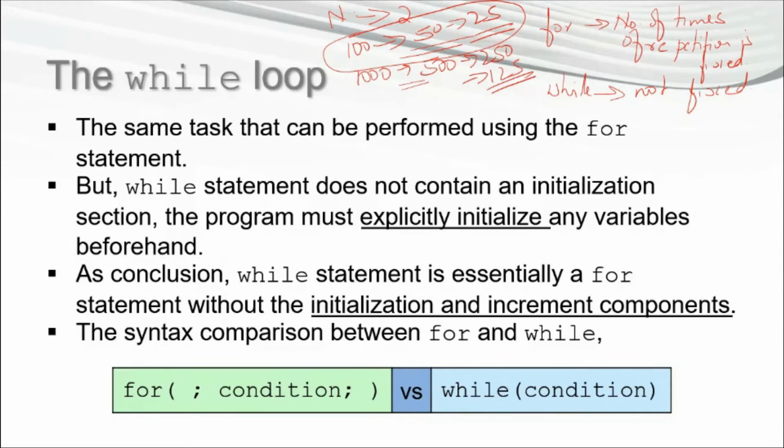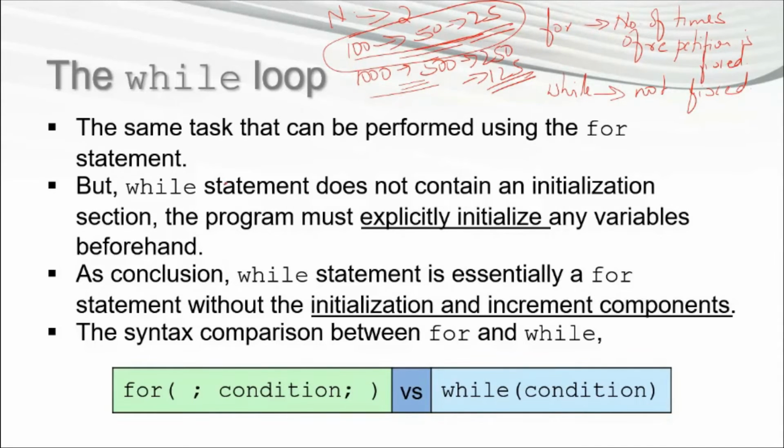When n is 100, it is only 2 times. When n is 1000, it is 3 times. Initially we don't know how many times it is to be divided, so you have to go for the while loop. This type of while loop cannot be replaced with a for loop, but all for loops can be replaced with a while loop.